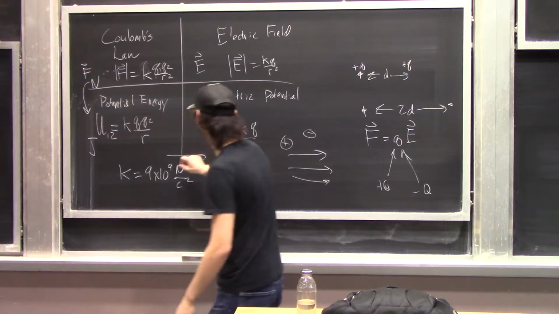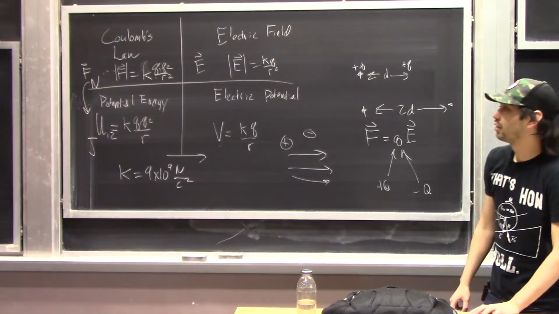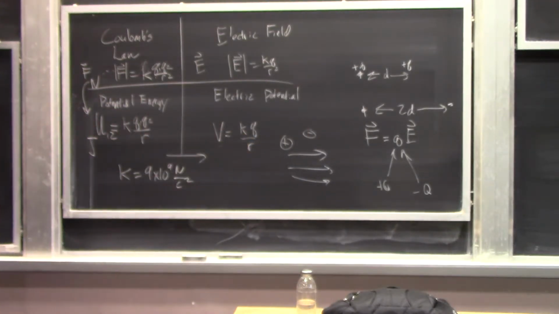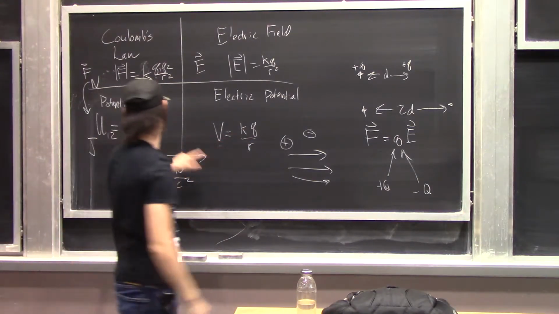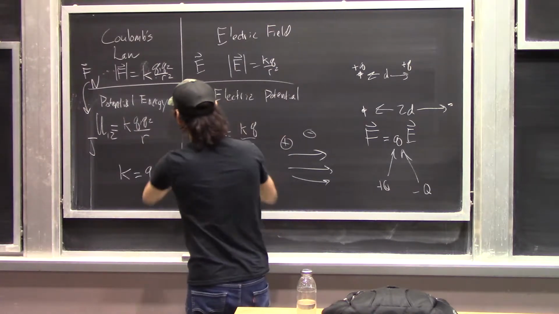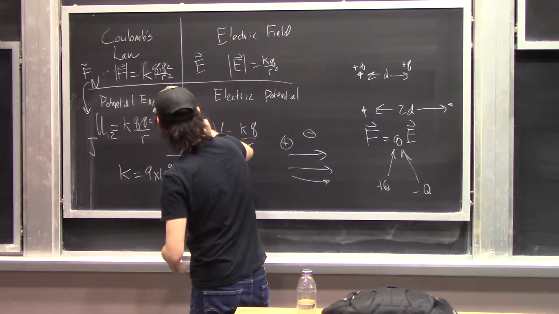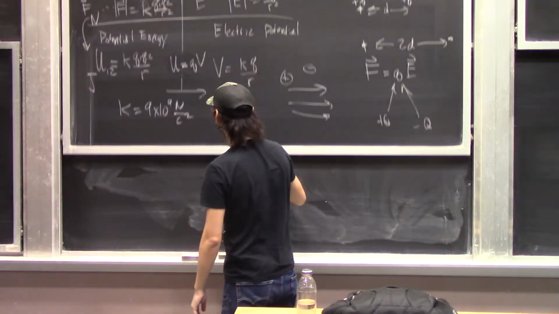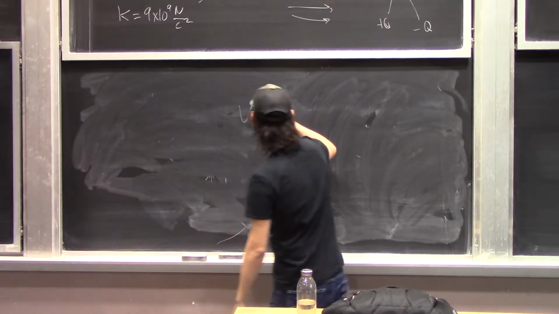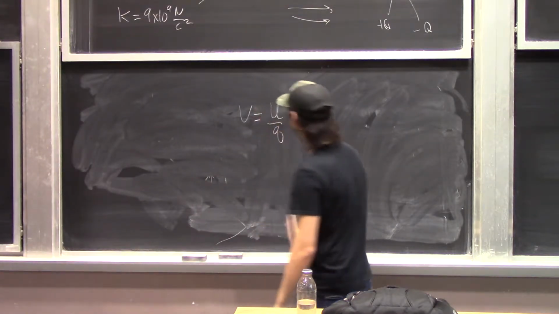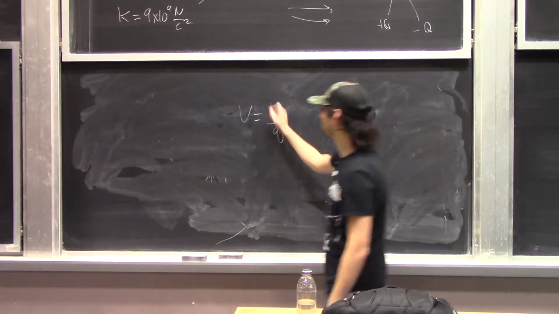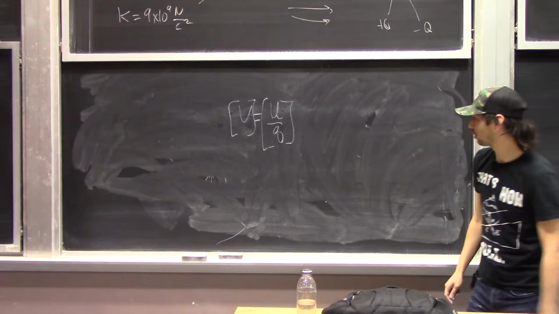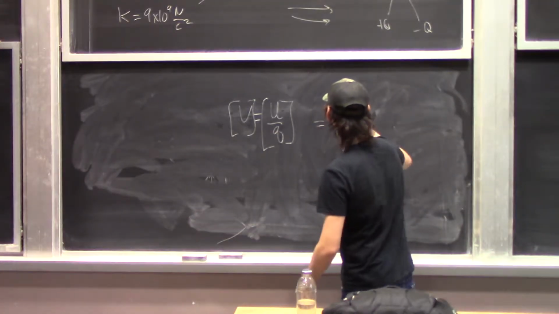How do I go between these two? Well, if I look at this equation, what's the difference between them? This one doesn't have a charge, right? So what I can say is that the potential energy, U, is going to be equal to Q times V, and so V is going to be U divided by Q. The units of this are the units of U over Q, which is a joule per Coulomb.